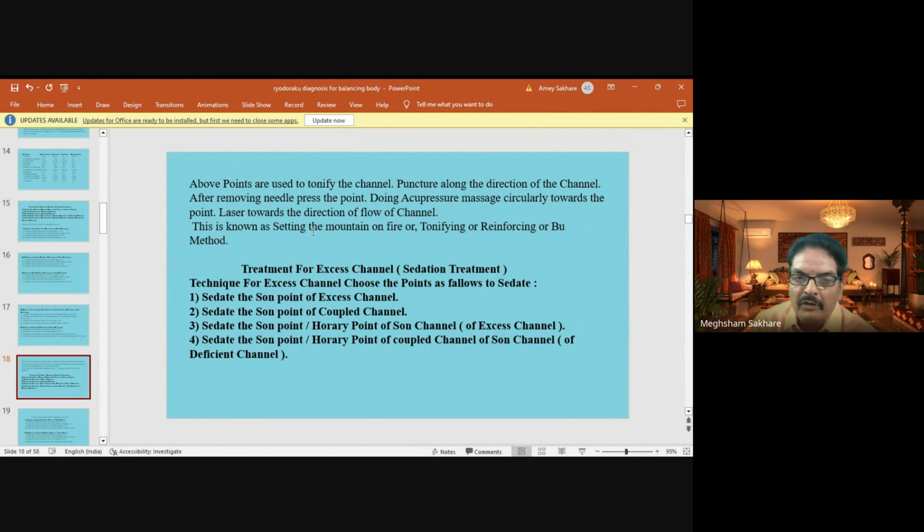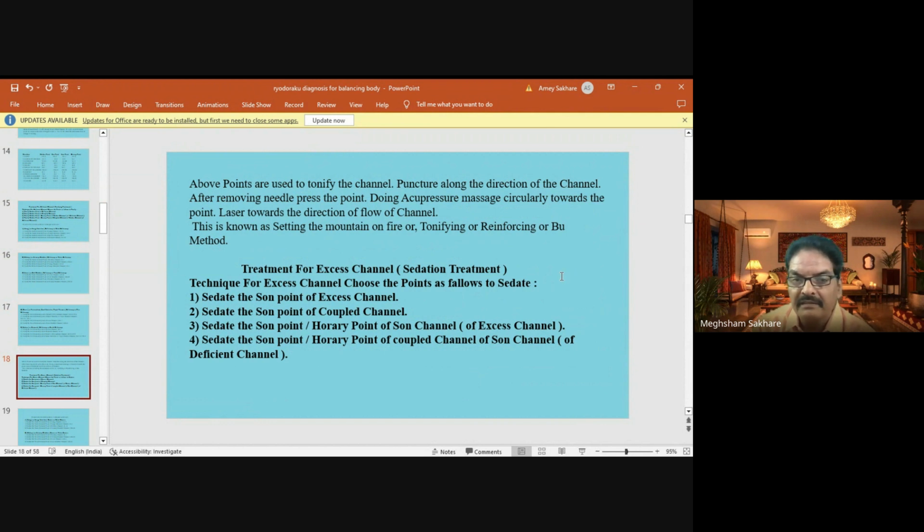And if you want to tonify, it should be given in the direction of the channel, meaning Lung 9 is given towards Lung 11. This is known as setting the mountain on fire, or tonifying, the reinforcement or Bu method.